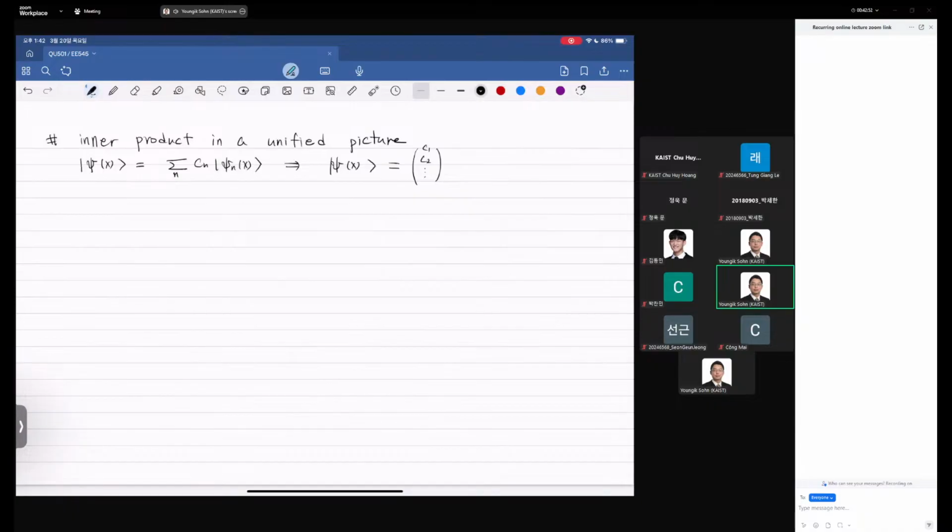I use these three dots to express that it can be applied even to an infinite number of eigenstates. And then the bra of this is simple: you take the transpose and the complex conjugate. One second, let me add one more number here. Okay, that's a bra.